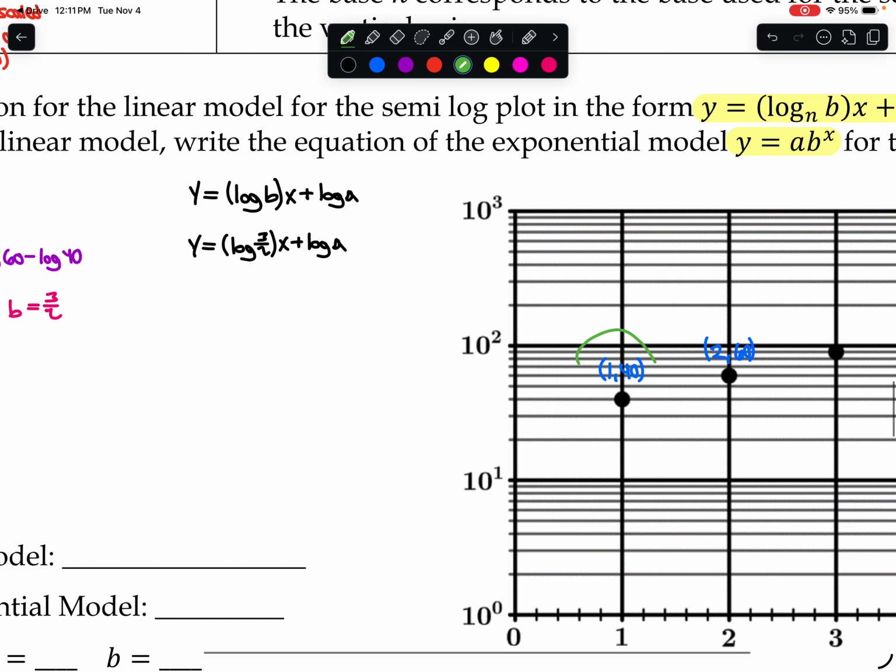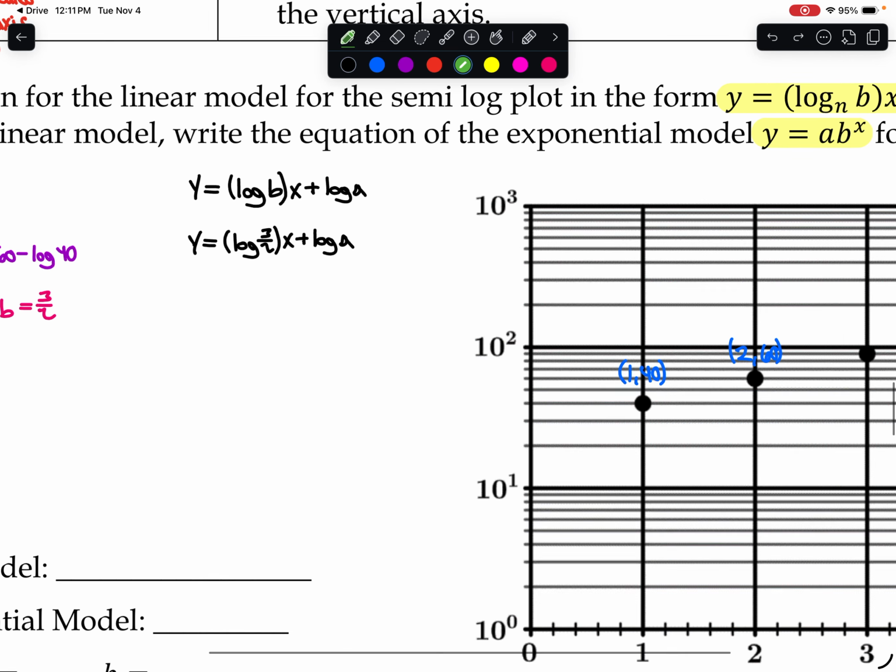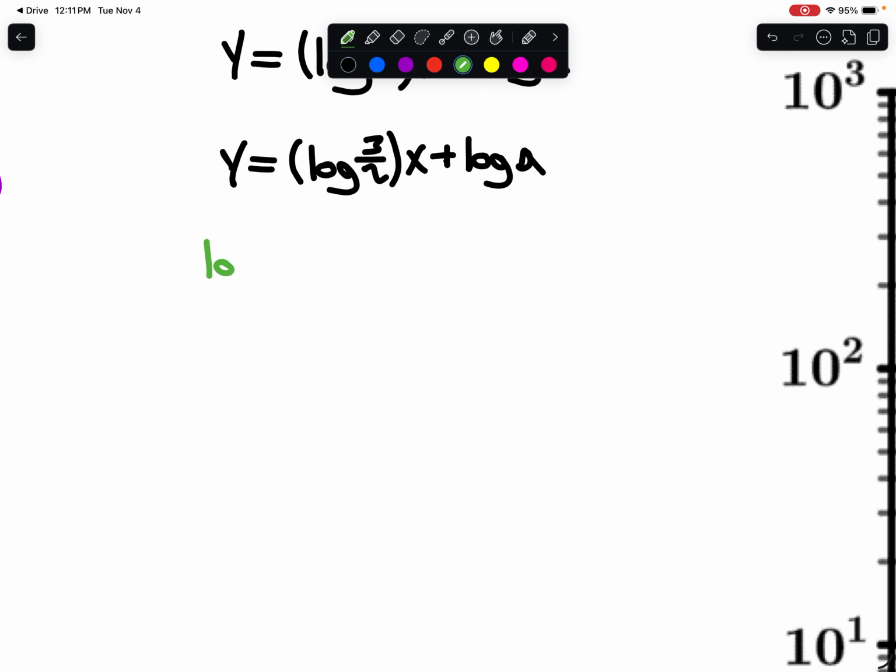And now I'm going to plug in a point. So I'm going to plug in 1, 40. But remember, because we're logarithmically scaling the y-axis, I have to plug in log of the y value. So this is going to be log of 40, and that's going to be equal to log of 3/2 times my x value, which I'm plugging in 1, plus log of a.